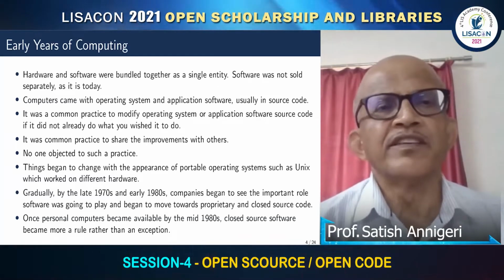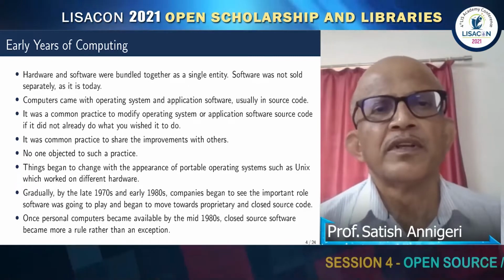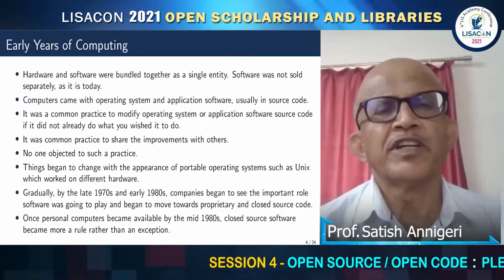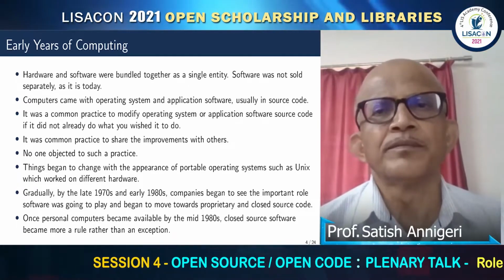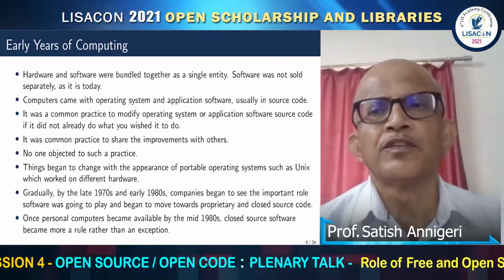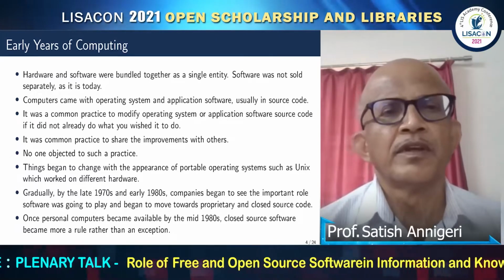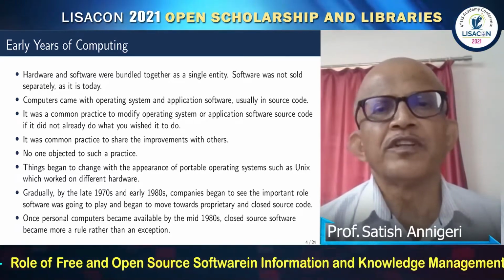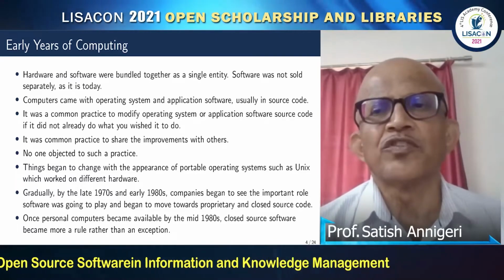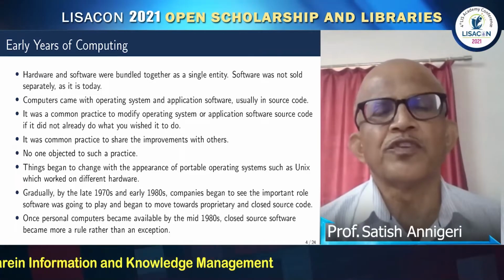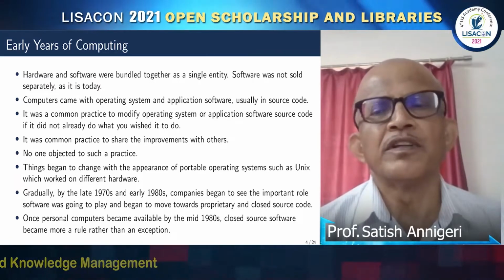To look back at the history of computing, in the early years, hardware and software were bundled together as a single entity. Software was not sold separately as it is today. Computers came with the operating system and the application software, and in fact, most of the software was available in source code.